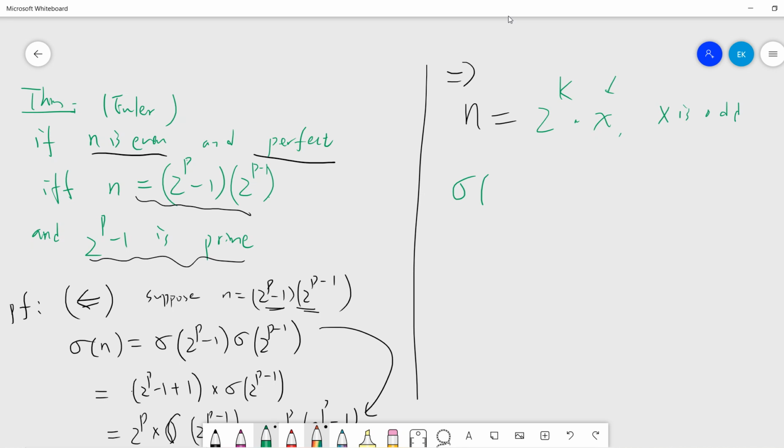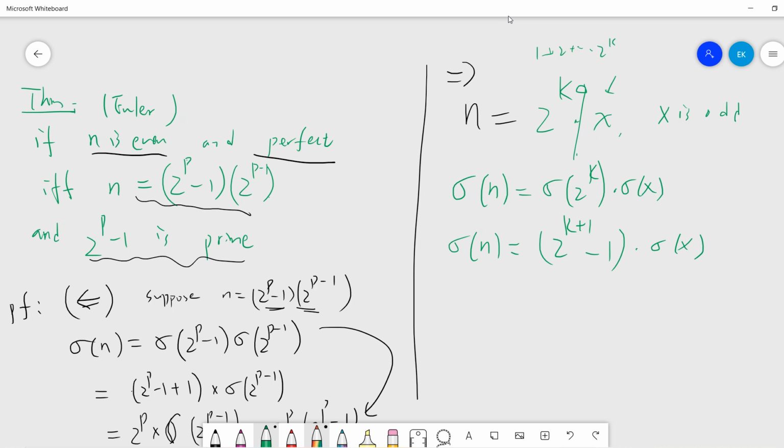Then sigma(n) is sigma of 2 to the k times sigma(x), and sigma(n) equals 2n. This is 1 plus 2 plus up to 2 to the k, so it's 2 to the k plus 1 minus 1, times sigma(x), and this equals 2 to the k plus 1 times x.